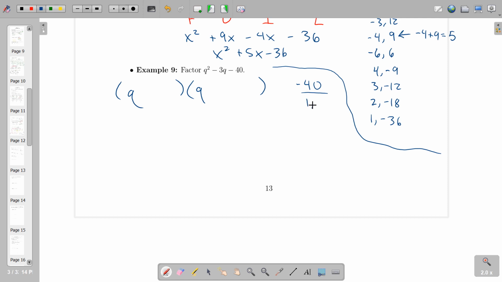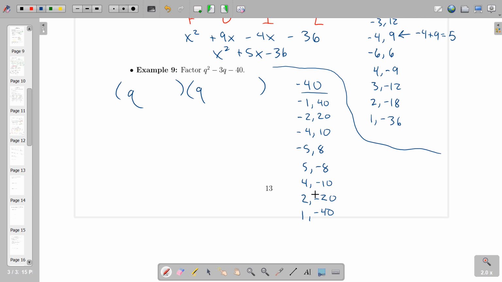So 1 and 40, so negative 1 and 40, negative 2 and 20, negative 4 and 10, negative 5 and 8. And again, probably would just stop there, but this is to be extra careful about it. This is all the possibilities right here.